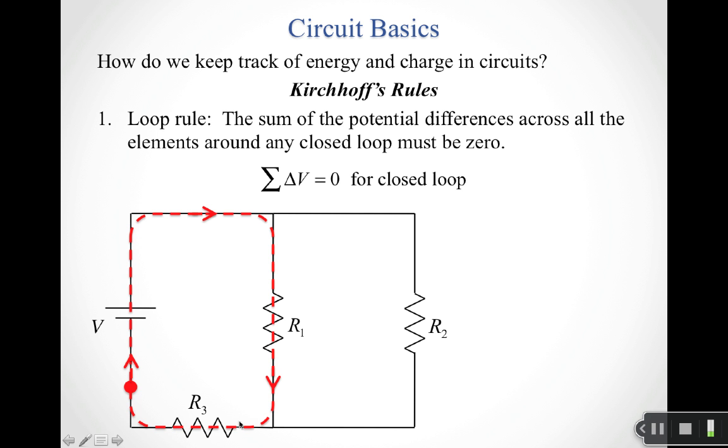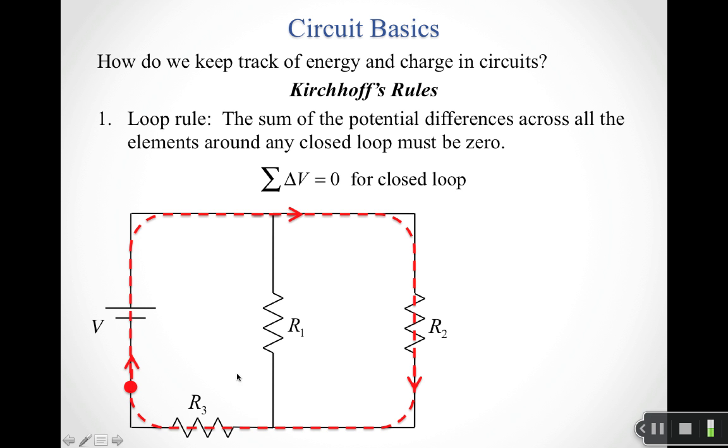I'm left with whatever this potential value is. It's going to be the same until I reach the other resistor, and then again I've got to lose energy in the form of potential, so I'll have another potential drop as I cross this resistor that gets me back to basically the same potential as the negative terminal of the battery.